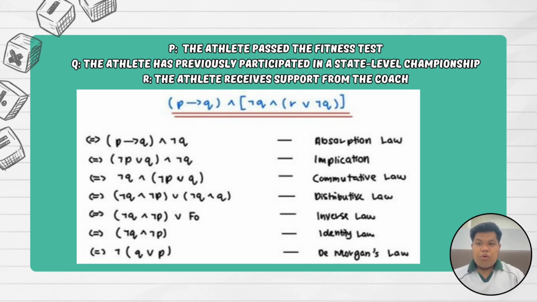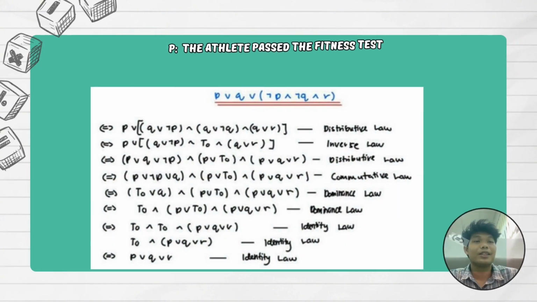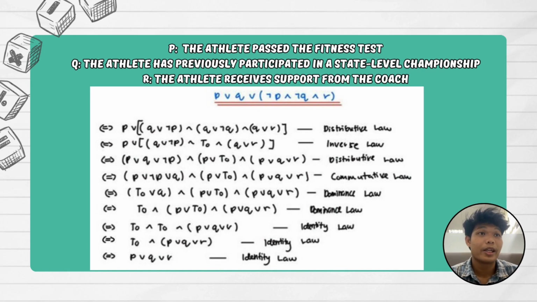So our equation now is not Q or P. And that's the answer. This is the third question, which is P or Q or bracket, not P and not Q and R. So it is equivalent to P or bracket, Q or not P, and Q or not Q, and Q or R.